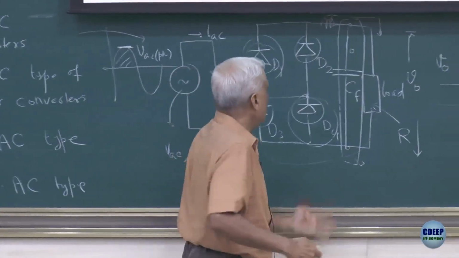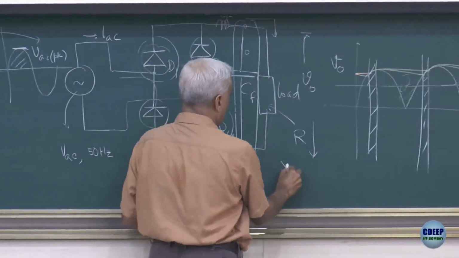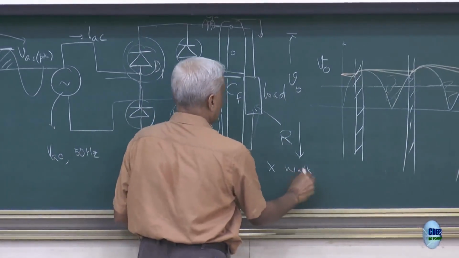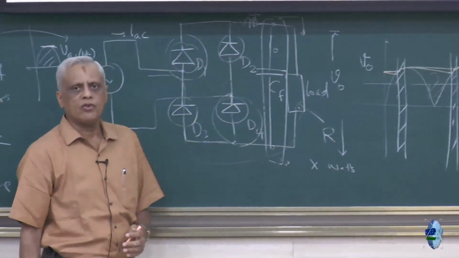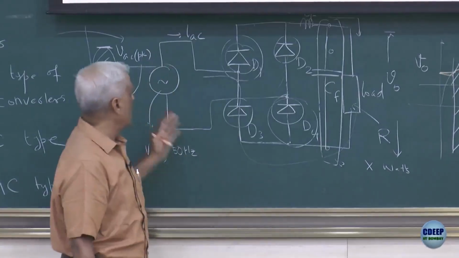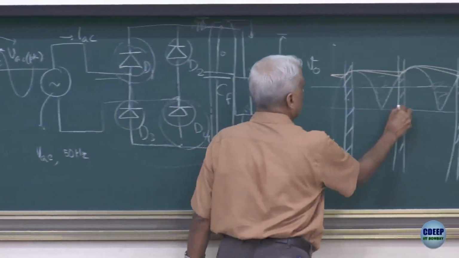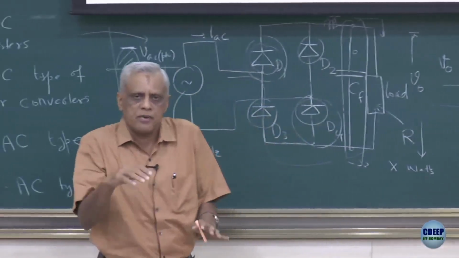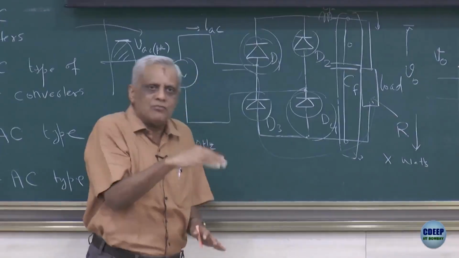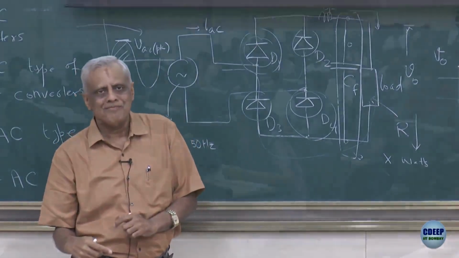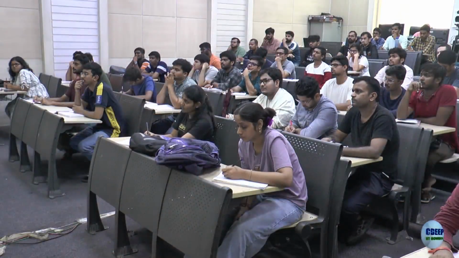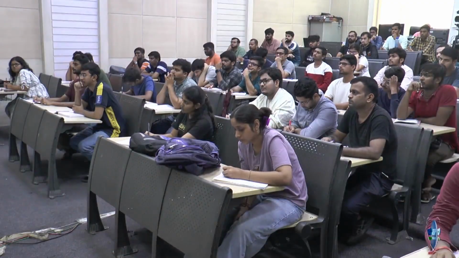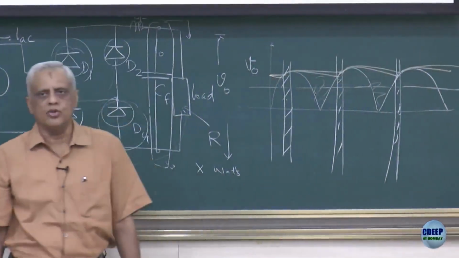So you can see that if this load is demanding X watts, the only possibility to absorb that entire X watts from the AC source is during this small band, because that is the time when the capacitor has discharged and the input voltage has taken over. You can see from here. This is nothing but the lobe corresponding to the input AC voltage.